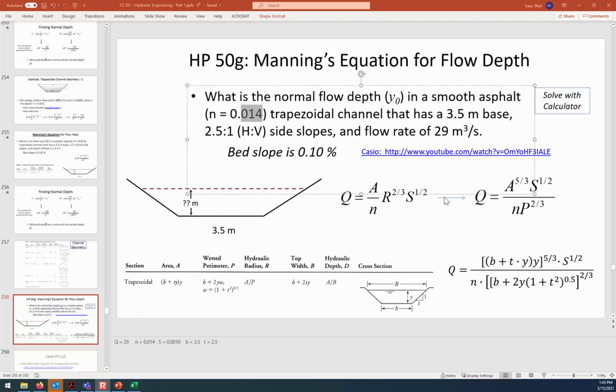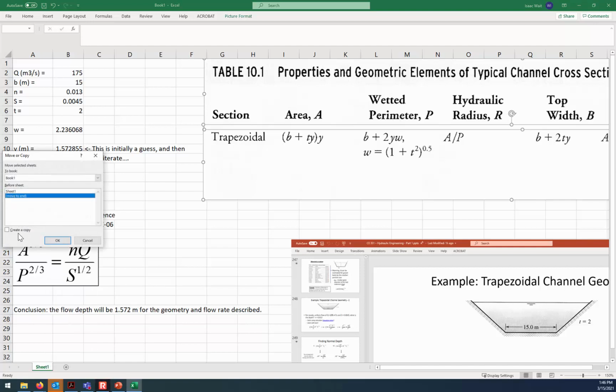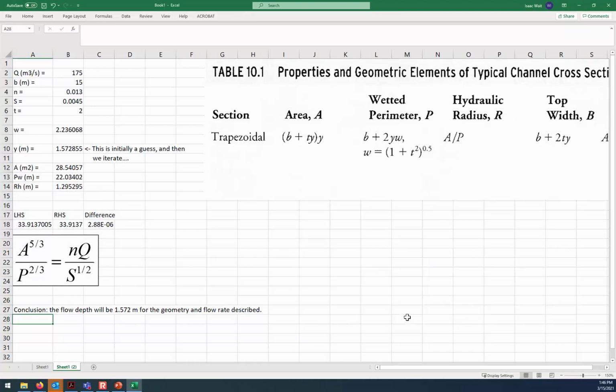Now you can put it into your calculator, or maybe this would be a good chance to try out the Excel approach. I previously had solved this example. Let me just create a new page in this workbook. I'm going to copy it, and that way I can just use all of the same formulas from before. This time, I'll delete this.